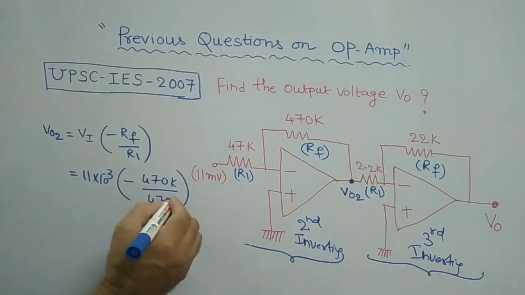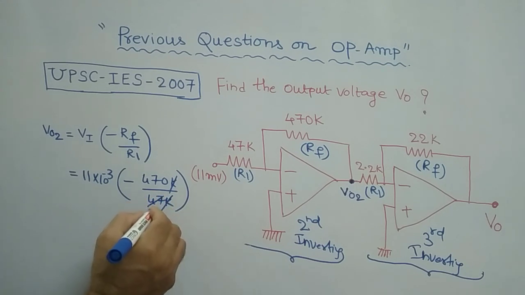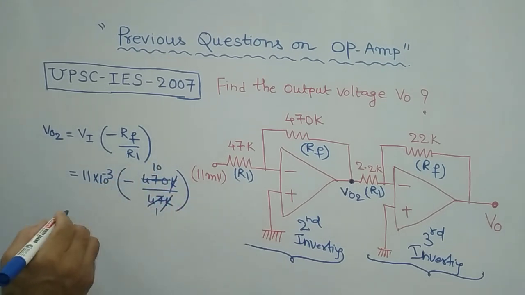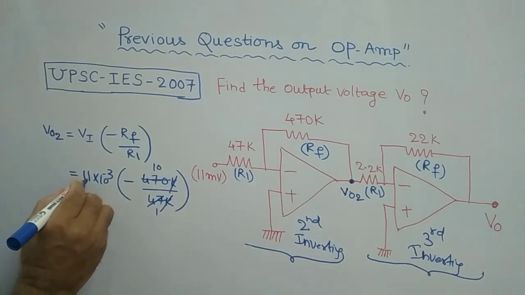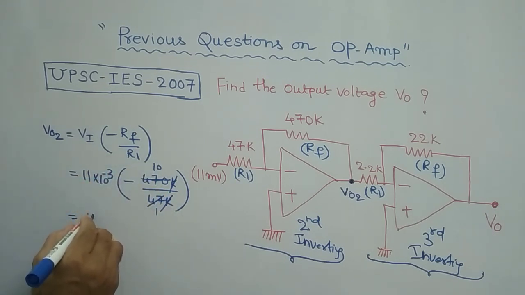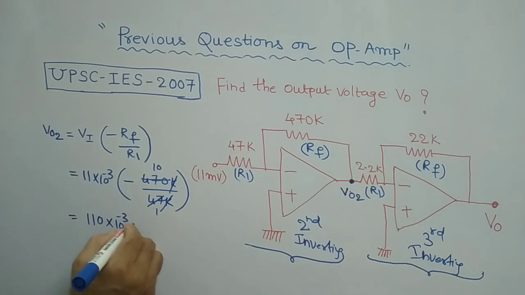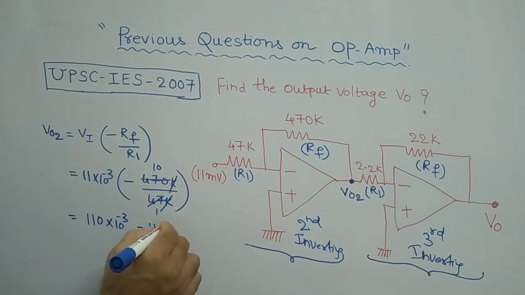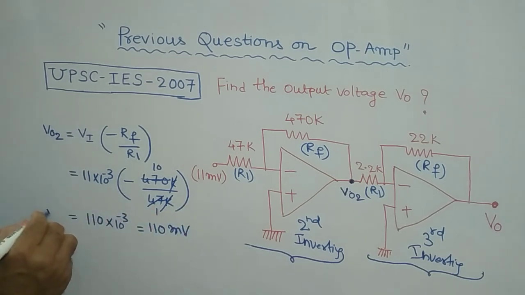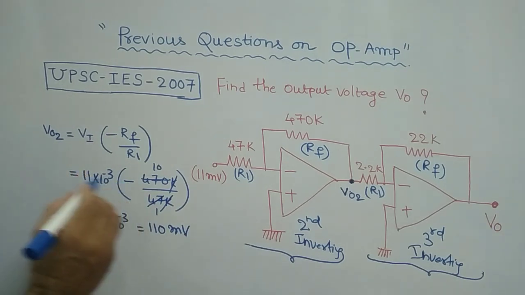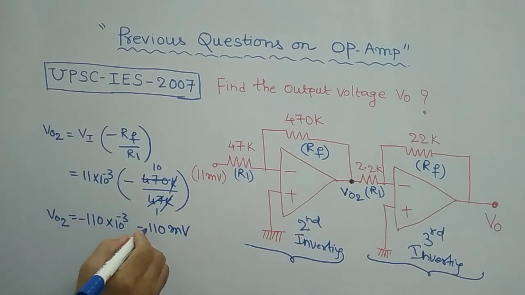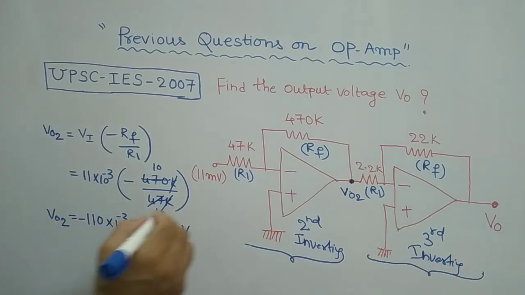Clear? K cancel. 47 ones, 47 tens. How much will you get? It is 11 multiplied with 10, that is 110 into 10 power minus 3, or simply 110 millivolts. That is your V02. But as the minus sign is there, that minus will come here, minus 110 millivolts.